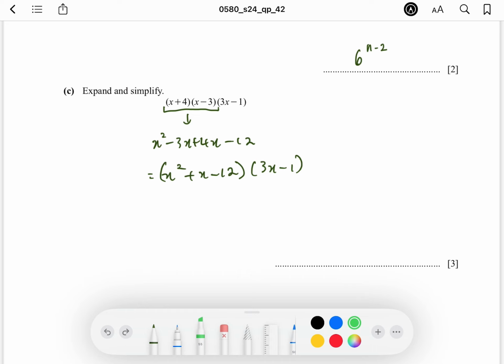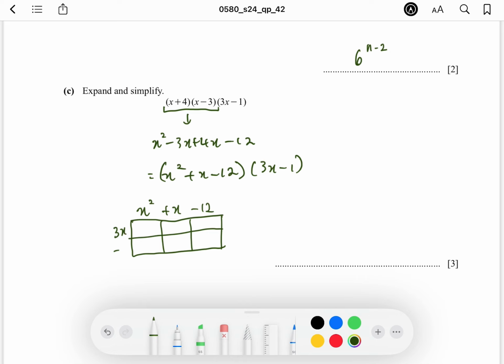Let's do the box. It makes sense to you. So x square plus x minus 12. That means ada 3 term. This is how it looks like. So 3x here minus 1 here. So you have a total of 6 terms.